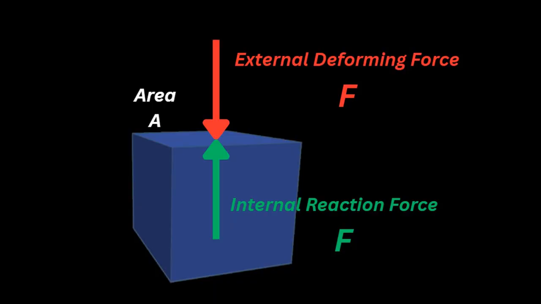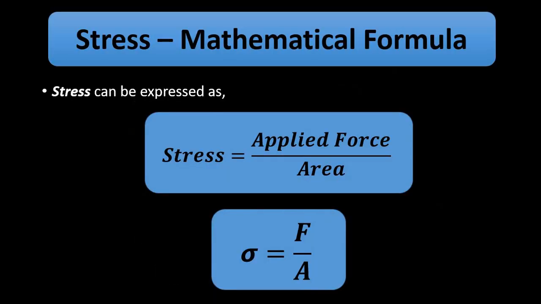To every action there is an equal and opposite reaction. Stress is basically force by area. The applied force is the same as the reaction force, as they are equal in magnitude, so it is the same whether you write it this way or that way. Both are the same because they are equal in magnitude, opposite in direction but equal in magnitude.